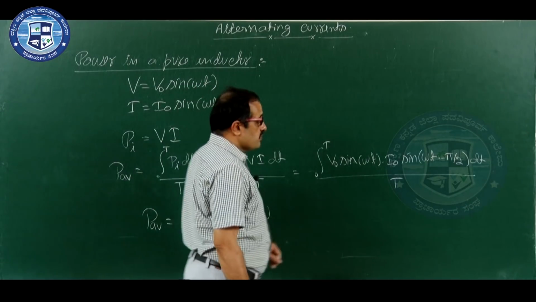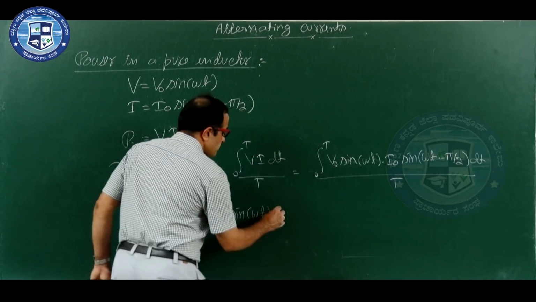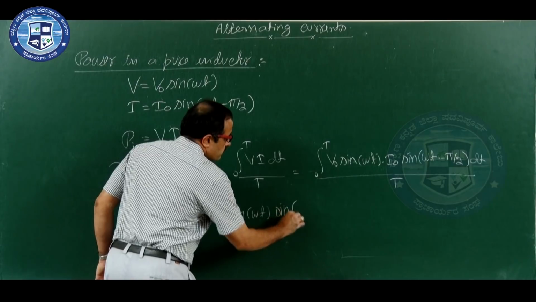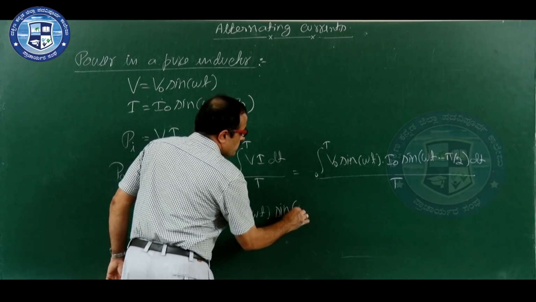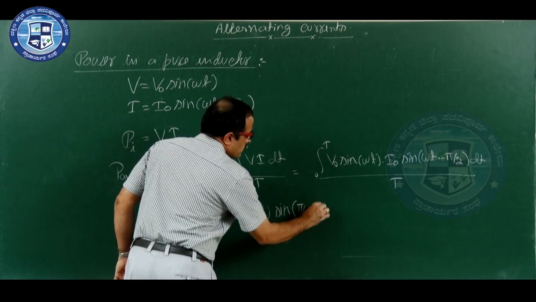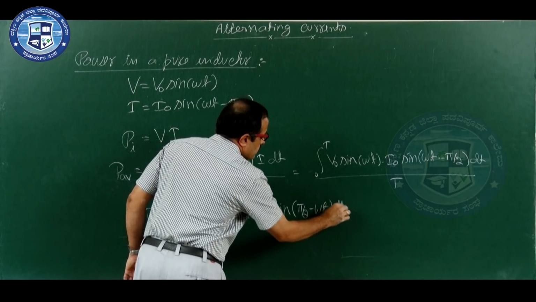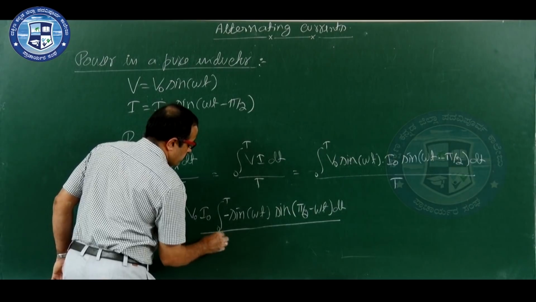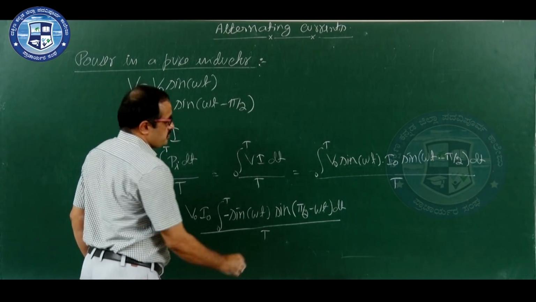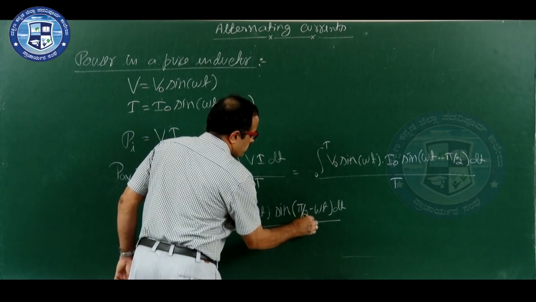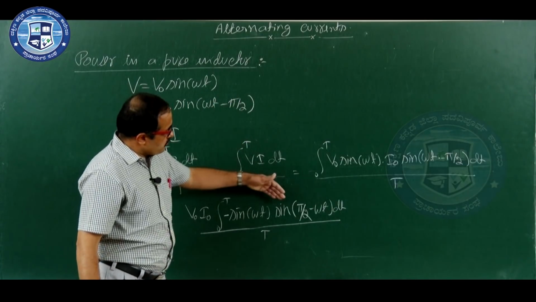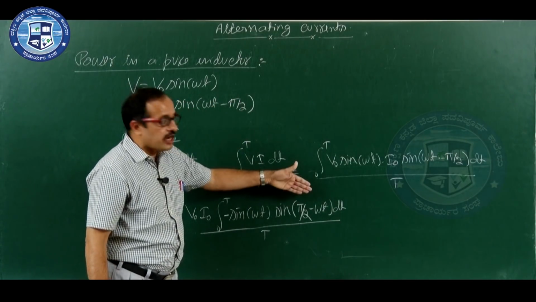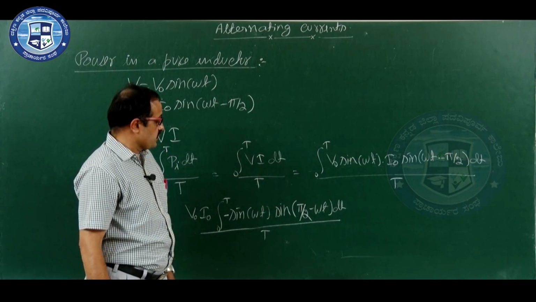Then it is sin(pi by 2 minus omega t) dt over the complete cycle. What is this? Sin(90 minus theta) is cos theta.